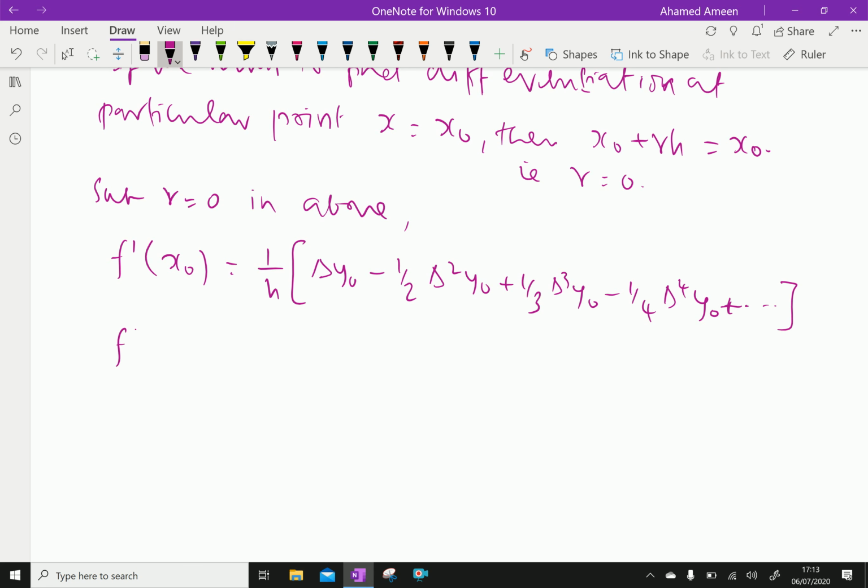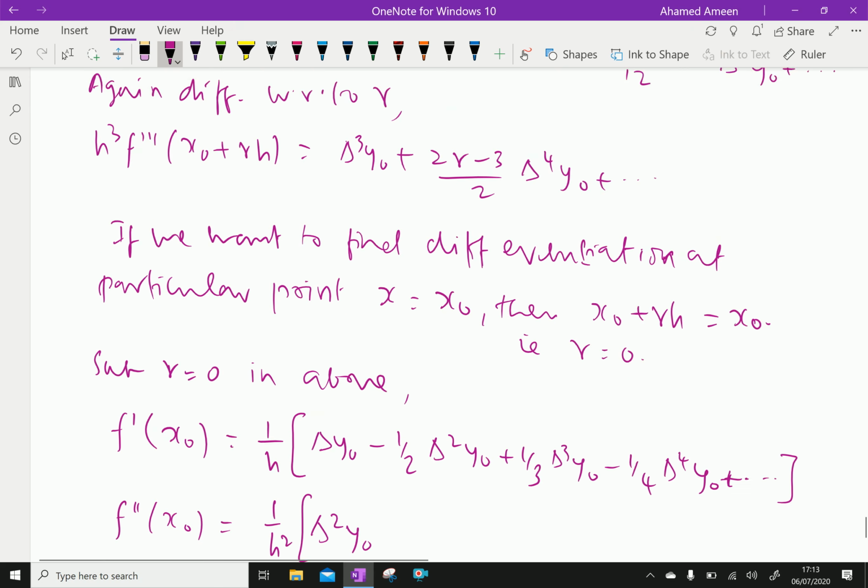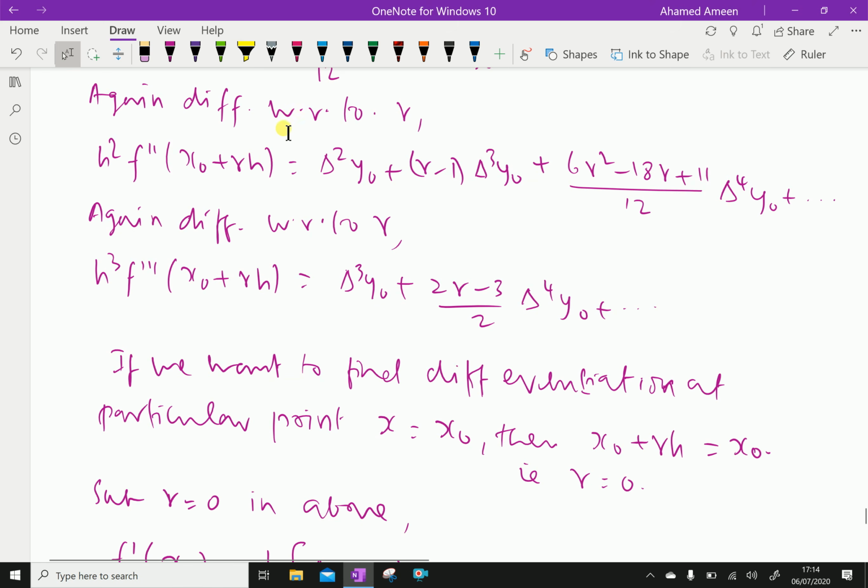Then the second derivative f double dash at x0 equals 1 over h squared delta square y0. Look at the second derivative: here r becomes 0, so 1 over h squared, and this delta square y0, here r is 0 minus delta cube y0, here r becomes 0, 11 by 12 comes.